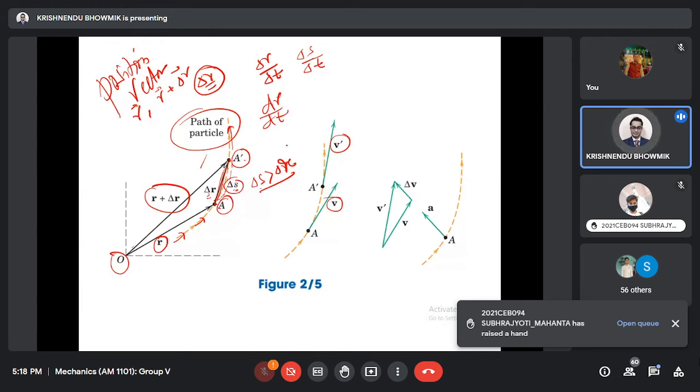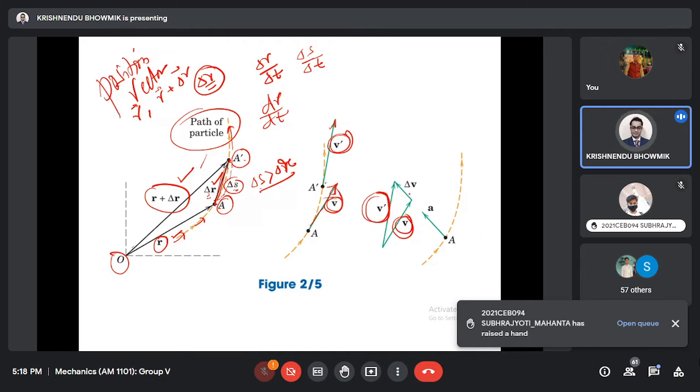Now you come here. This is the position vector r plus delta r. This is the delta r. This is dr by dt at A, dr by dt at B, and we are representing this by the slope, the tangent, V and V prime.